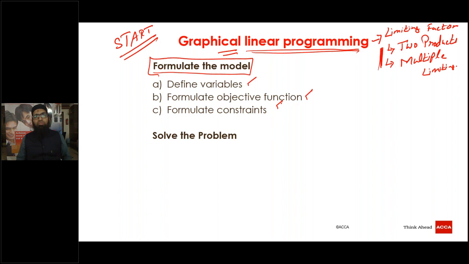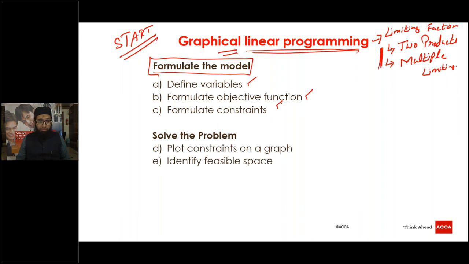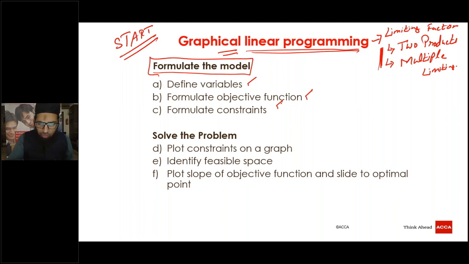Then we have to solve the problem. To solve the problem, we have to plot constraints on a graph. Then we have to identify the feasible region. Then we plot the slope of the objective function and slide to the optimal point.